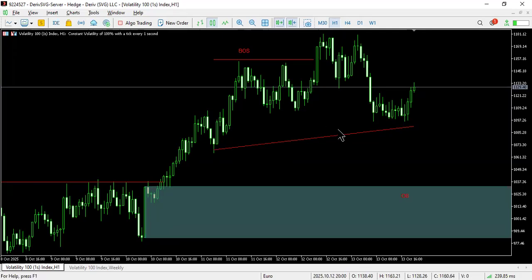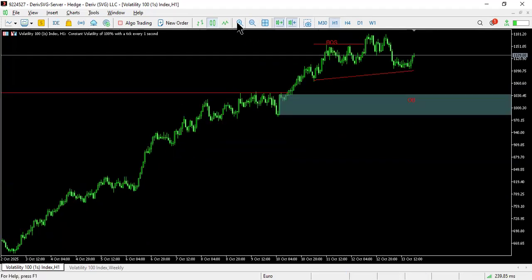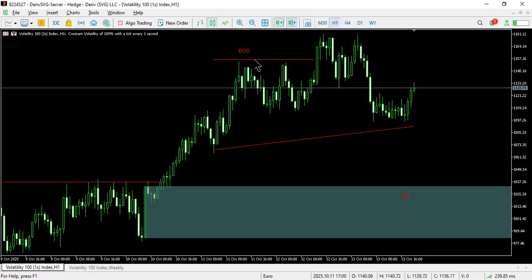Wait, let's see. From the 1 hour time frame, it looks like this order block has been mitigated.